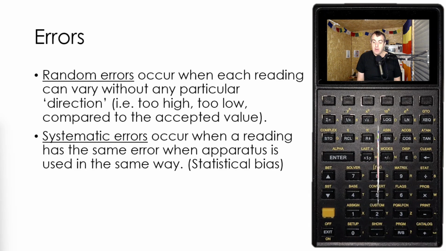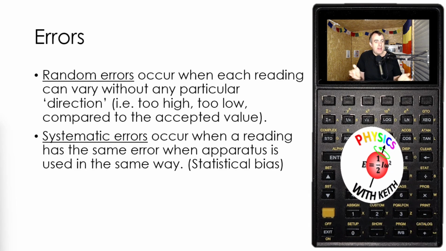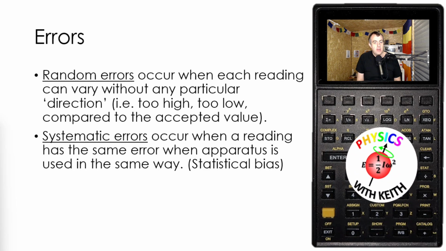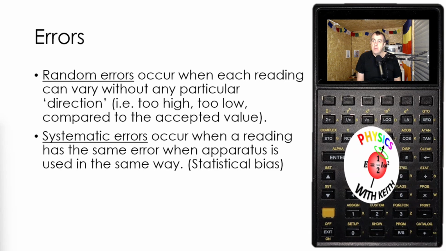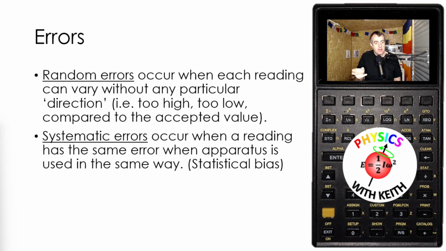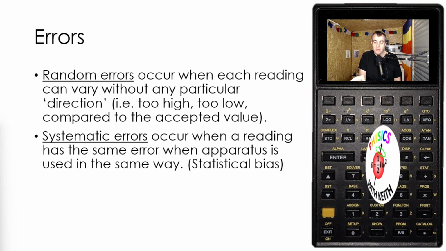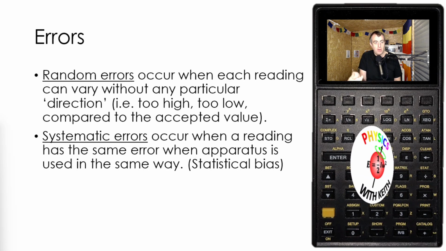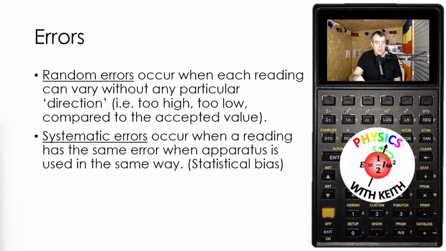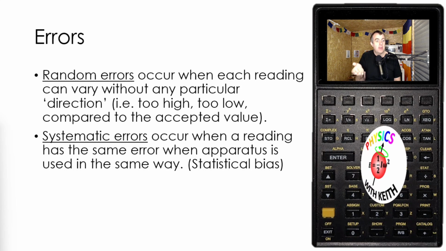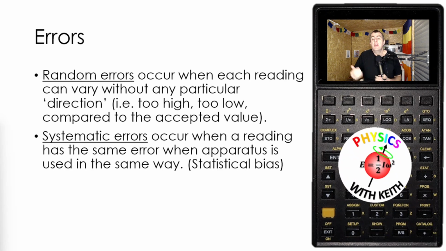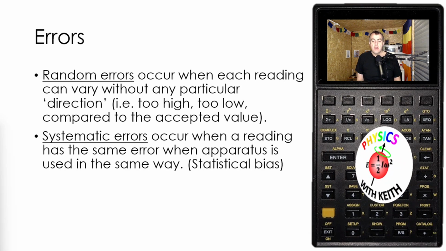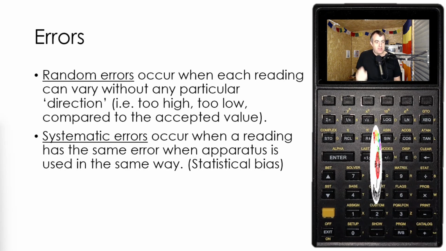Systematic errors have a direction to them, a statistical bias to them. So for example, if the balance that I'm measuring a mass on was broken somehow, perhaps it was calibrated incorrectly, so for every kilogram that I put on top of this balance, it tells me 1.5 kilograms. And if I put 2 kilograms on, it tells me 3 kilograms. In this case, it's a certain proportion different from the accepted value of the mass that I'm measuring.